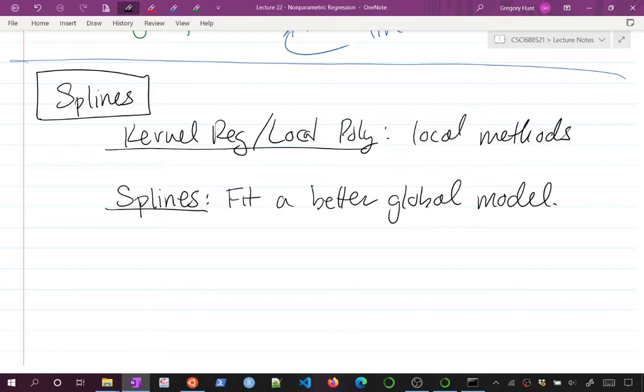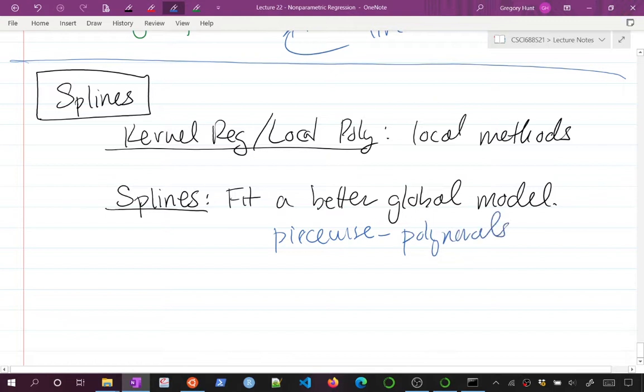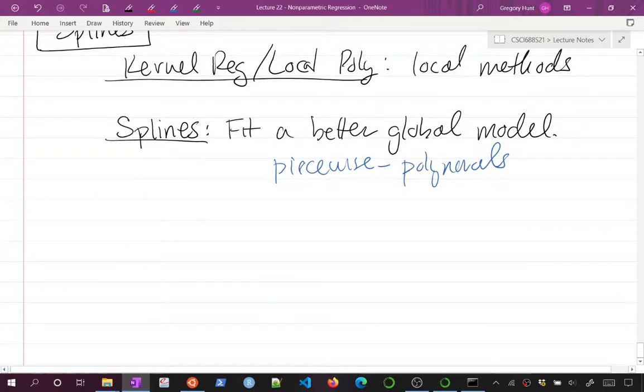Splines are somewhere in between, where they have a kind of better global model. And this better global model in particular is going to be piecewise polynomials. And what this does is it allows us to maintain some of the local behavior. I'm just going to draw a picture of what a spline is.